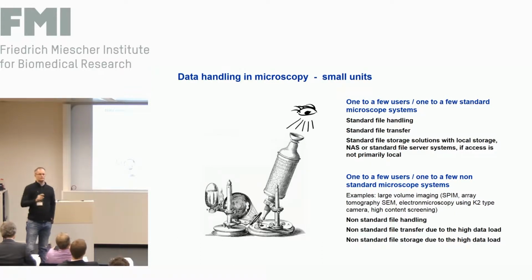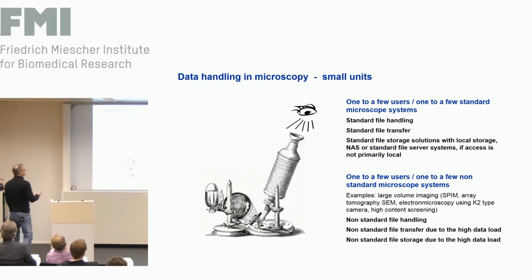If you're coming from a smaller institution, I think it's worth thinking about your environment a bit. So to make it quick, if you have one microscope, a research group, for example, or maybe a few microscopes, a few users, that's not really a problem to deal with.